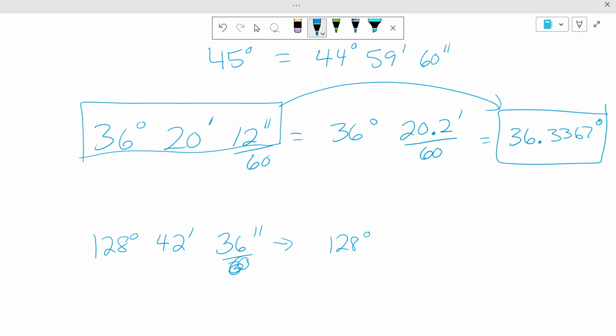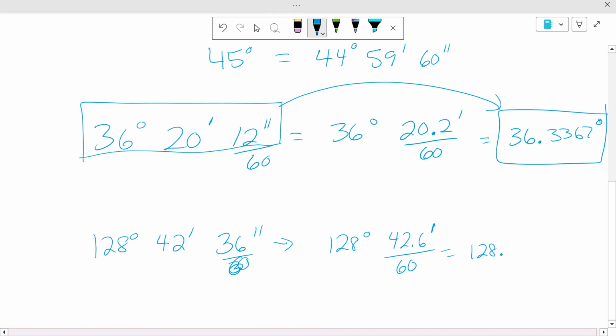So this is 128 degrees, 42.6 minutes. And we take the 42.6 and divide that by 60. And we get, what's 42.6 divided by 60, to 4 decimal places? 0.71 exactly? Yeah. I'm pretty good. 128.71 degrees. Okay? So that's how to change degrees, minutes, seconds into decimal degrees.